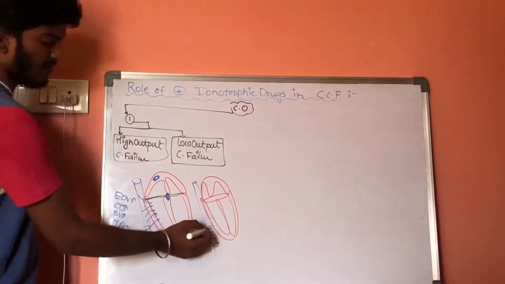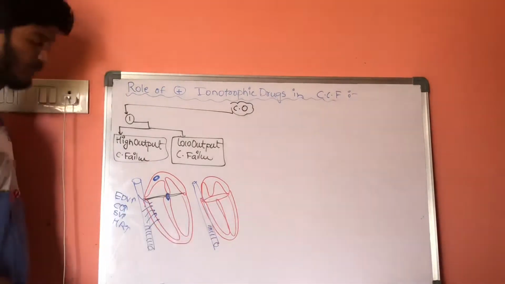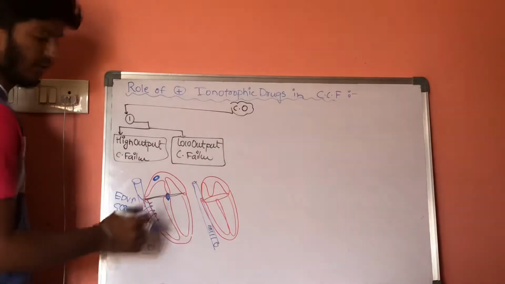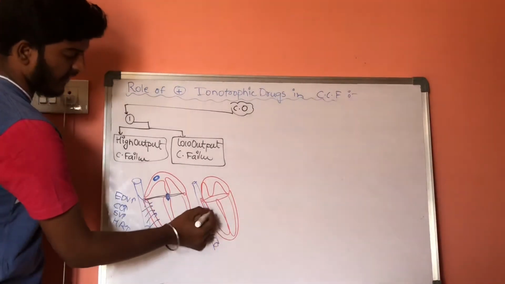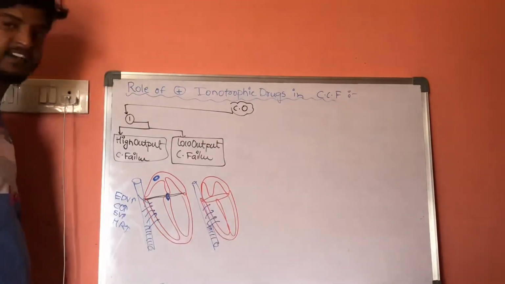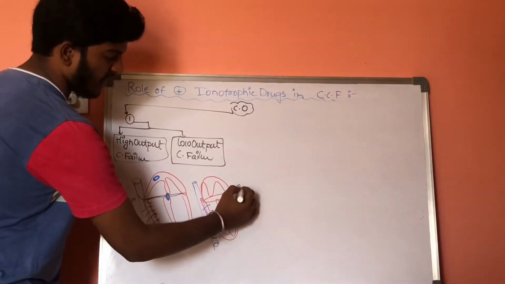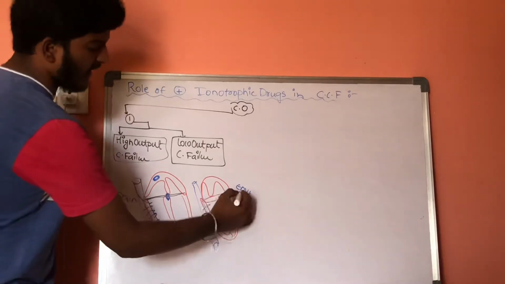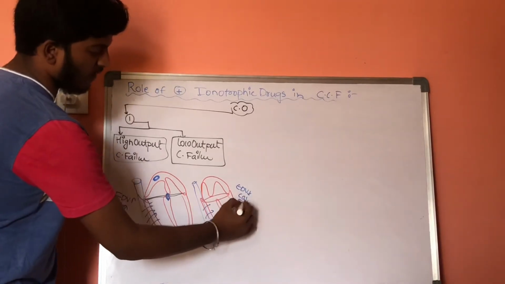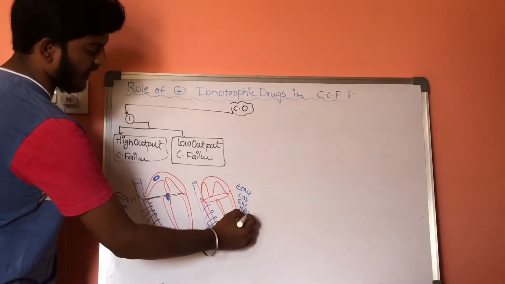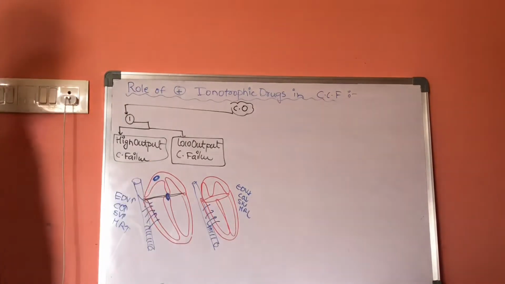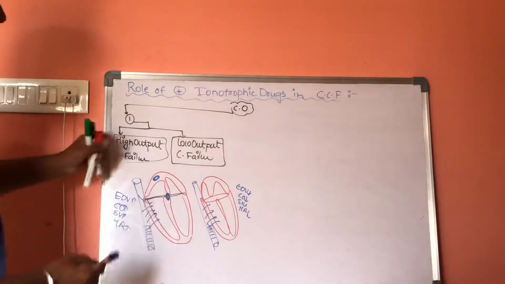As a result, the blood flow towards the right atrium or right ventricle will get decreased. There will be a decrease of end diastolic volume, cardiac output will get decreased, stroke volume will get decreased and heart rate will get decreased. In this way, it is called low output failure. This is the first class.